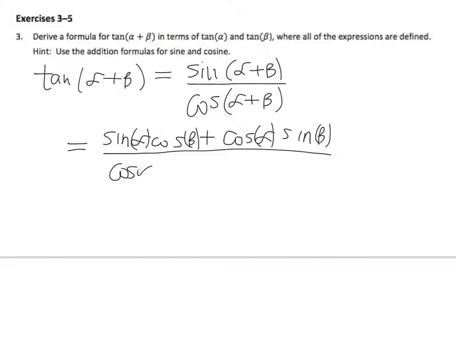So cosine alpha, cosine beta, minus sine alpha, sine beta. Cool. Now, we need to look at our denominator and our numerator. Let's see if we can simplify this any.